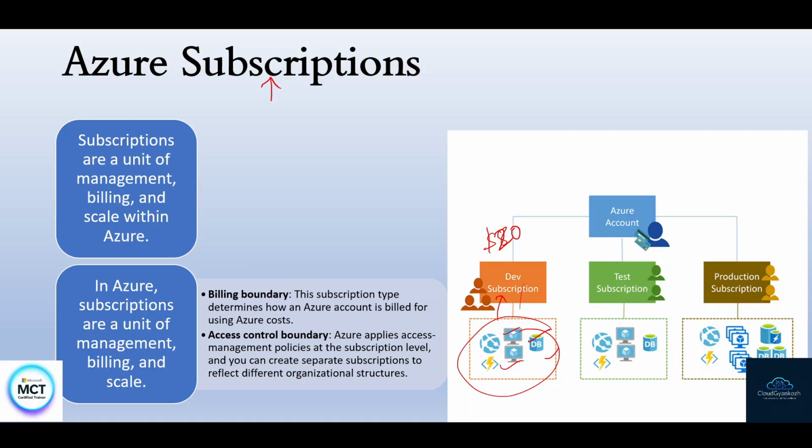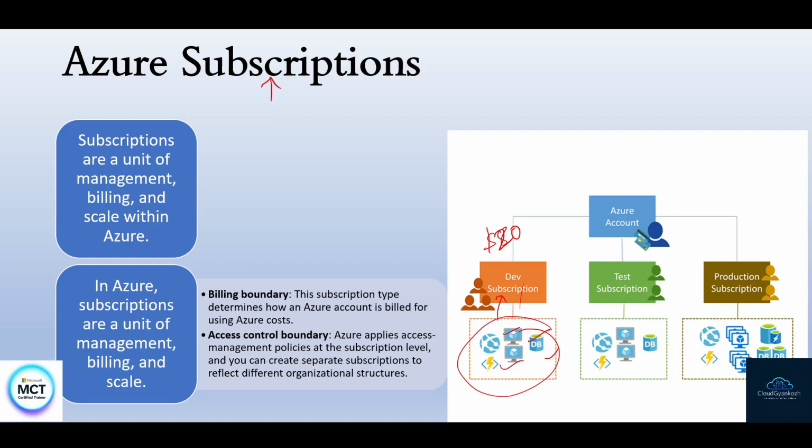Some organizations sign an EA agreement, an enterprise agreement with Microsoft, which gives you certain discounts on specific subscriptions, or you can buy it from Microsoft partners, right? You can also procure a free subscription. There is another one, for which you need a student ID card, known as the student subscription.